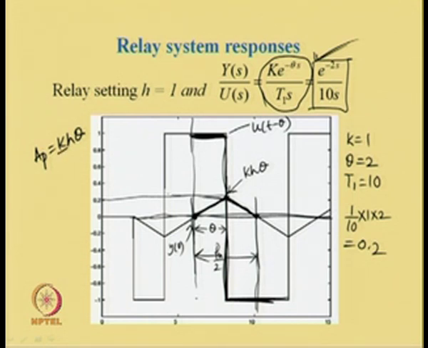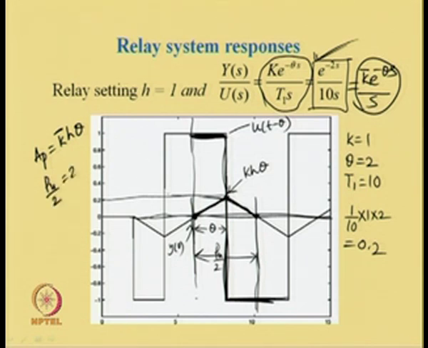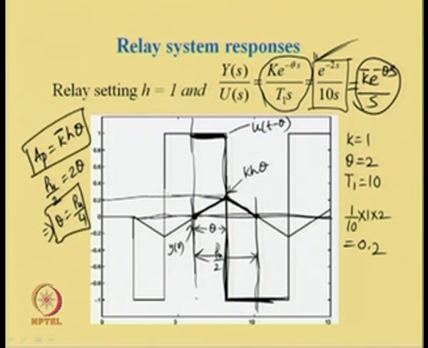So, in this case it appears as k upon T 1 h theta. Then, this can ultimately be written in the form of k bar e to the power minus theta s upon s. Then the expression for the peak amplitude will be k bar h theta. And also we have found that P u by 2 is equal to 2 theta, thereby theta is equal to P u by 4. So, these two expressions can be made use of to find the parameters of the transfer function model.